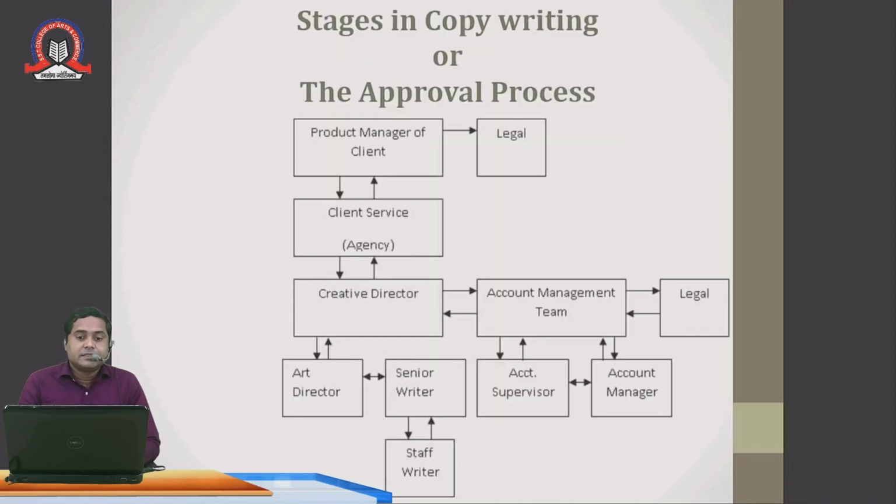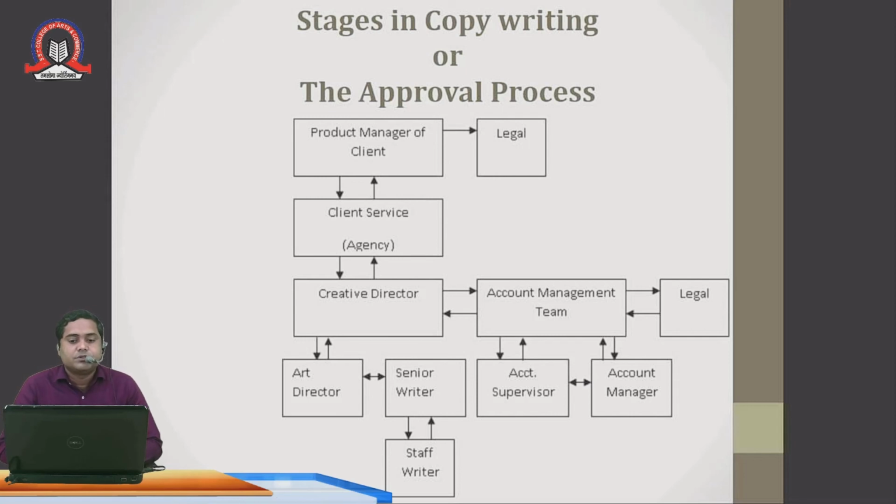So in today's lecture, we try to understand different things, and these are the stages in copywriting or the approval process, that is how the copywriting process is completed. You can see this chart. You can understand easily this chart that there are different sections through which the process goes on. It is a continuous process.